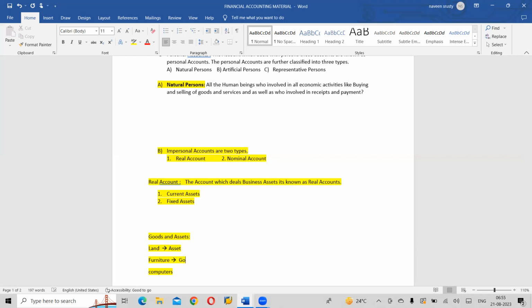Naveen, I have a question here. Please. If it is office furniture, for example, we buy tables or chairs for office use, then for that company the furniture would be an asset. Correct. Right? Because it's not for sale. Because at the time of purchase of that particular furniture, what was your intention? You want to use it for a longer period, right?